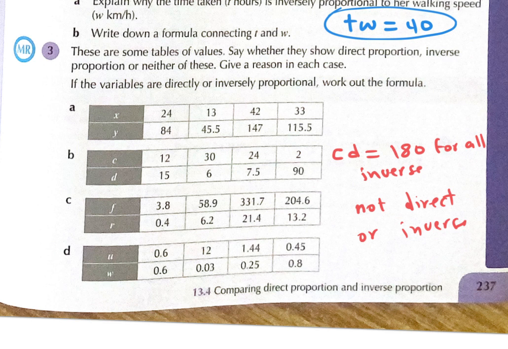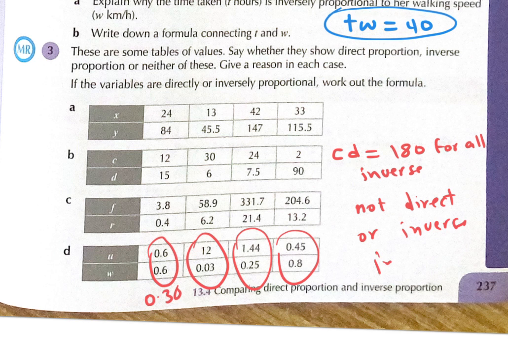Yes. So for all of them the product is 0.36, so this is inverse proportion, because the product is constant. Understood? If the product is constant, it is inverse. If the ratio is constant, it is direct. If none of them, it is neither direct nor inverse.